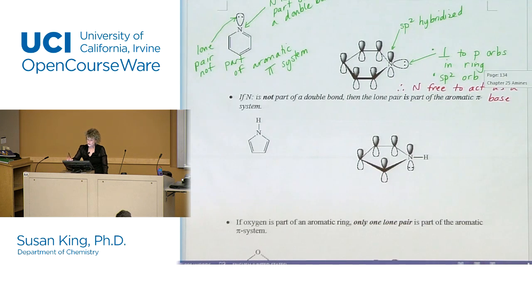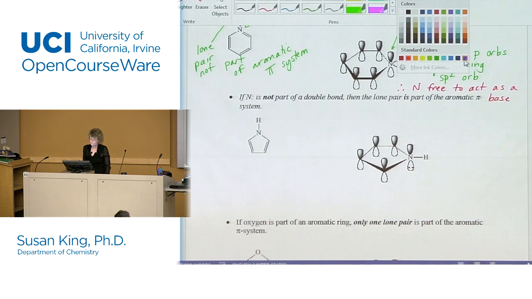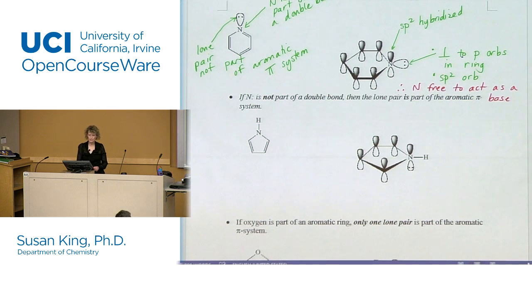All right, in the second situation, this was one of those ones where we had to take that lone pair on nitrogen, and we had to put it in a p orbital in order to make this ring aromatic. Remember, we needed 6 pi electrons, 4n plus 2 pi.